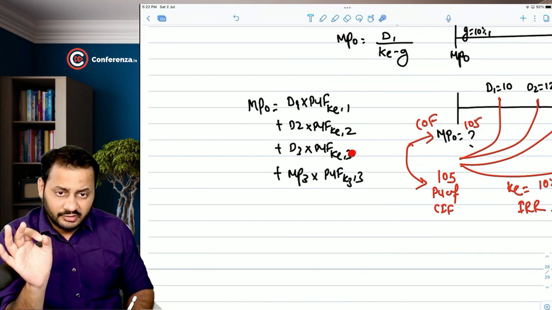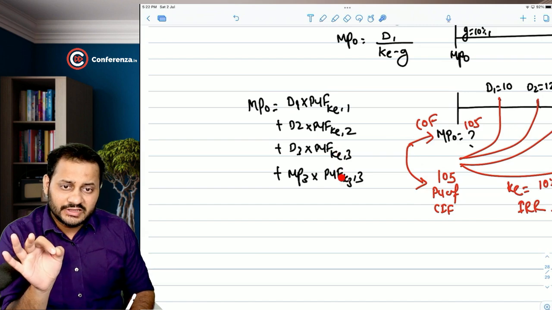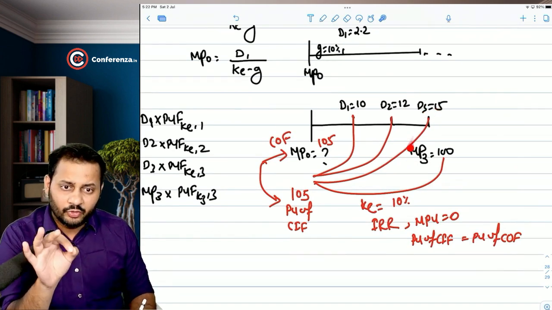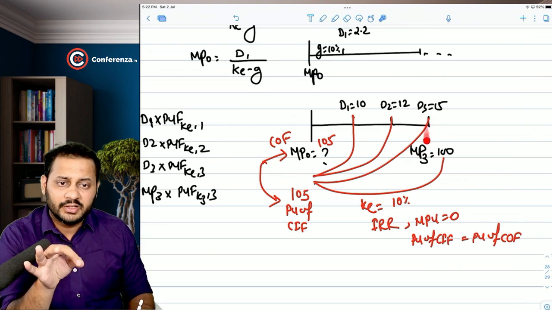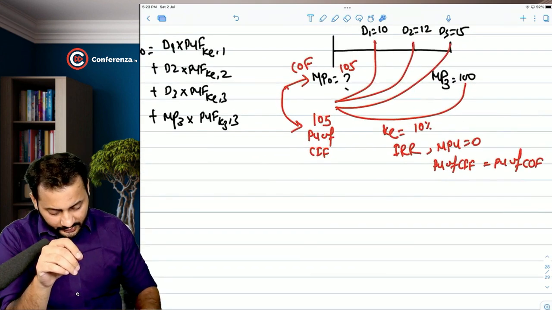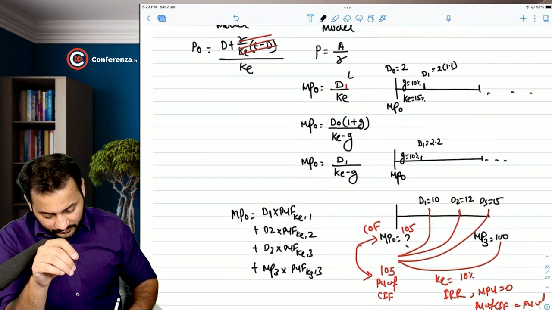Understand, the third and the fourth cash flow will have the same present value factor because both are happening at the same time. D3 of 15 rupees and MP3 of 100 rupees are both happening at the third year end only. Okay, this was the fourth situation.